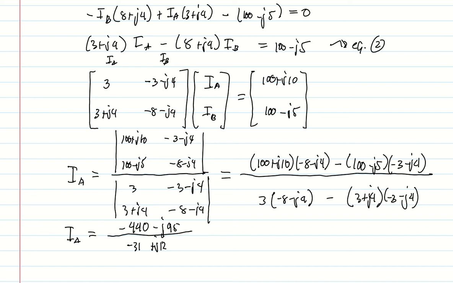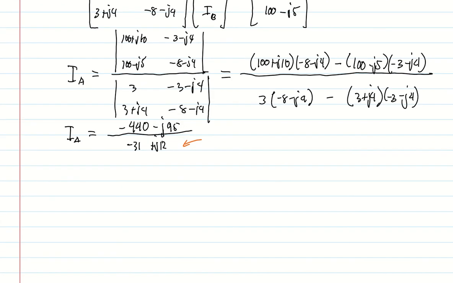And remember that denominator, that's the determinant. We will be using this again later on for solving for IB. So the final value for IA will be equal to negative 440 minus j95 divided by negative 31 plus j12.